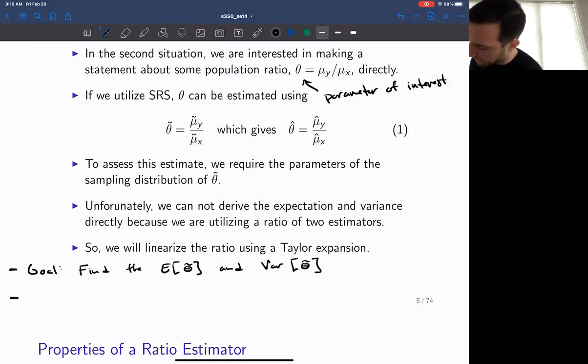Okay, so some of you may have seen the Taylor expansion before, so I'm going to just highlight the properties of this.